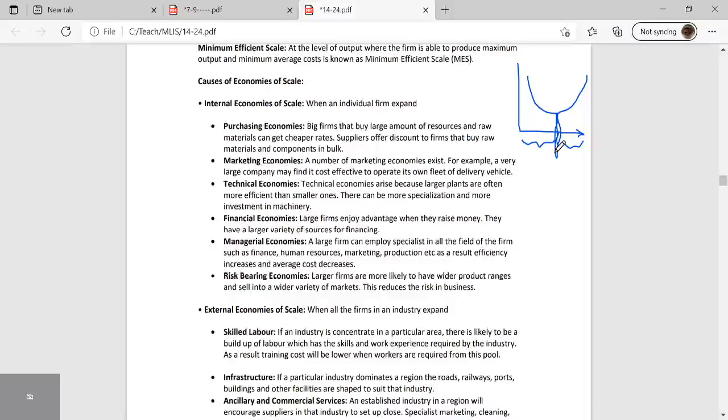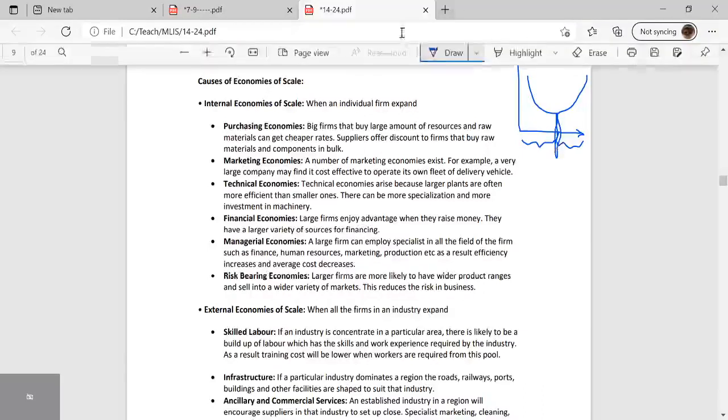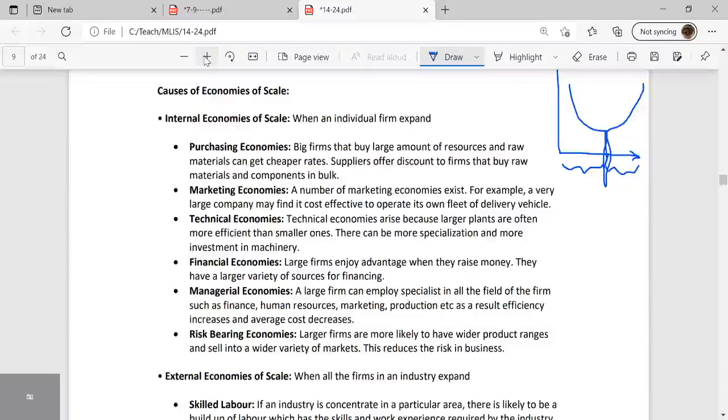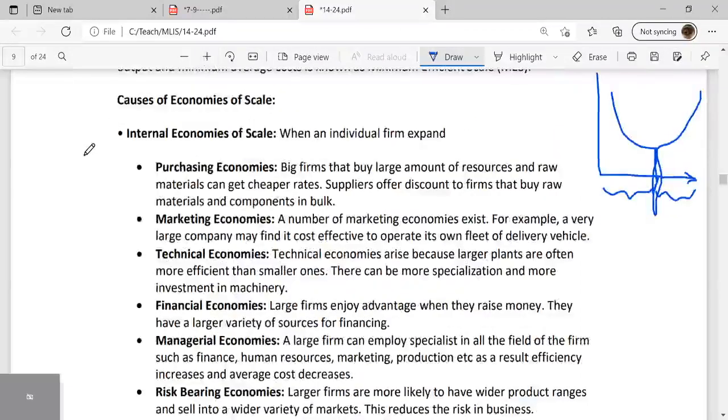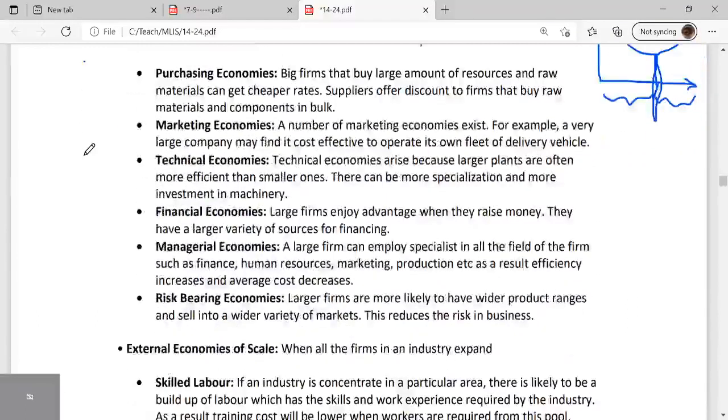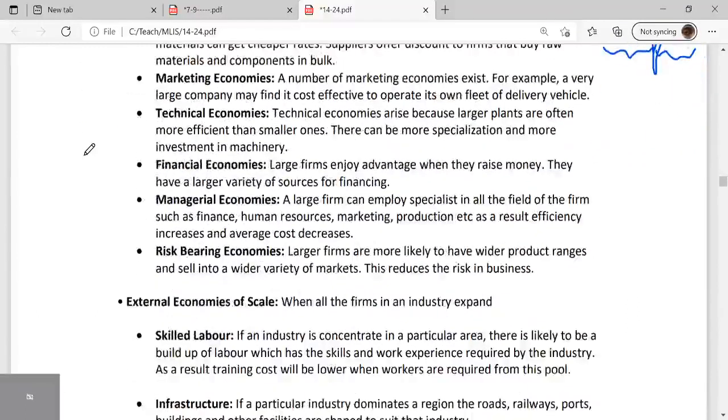Next, we have technical economies of scale. That means if we use large machinery or the latest technologies, what will happen? This technological advancement will increase your production and also help you reduce your average cost. Then we have financial economies. If you take a huge amount of loan, you may get bargaining power and ask for a lower interest rate.